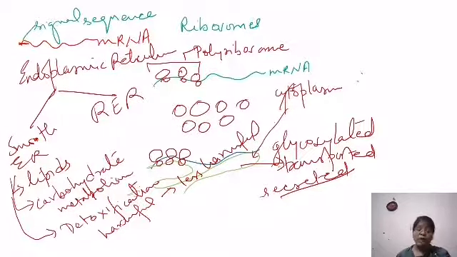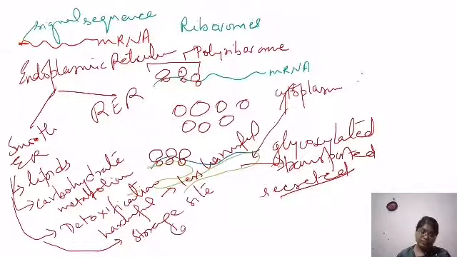And you know that liver cells have a huge number of smooth endoplasmic reticulum. Now, they also act as a storage site for calcium. When you come to muscles, you will study that the smooth endoplasmic reticulum stores a huge amount of calcium in it.